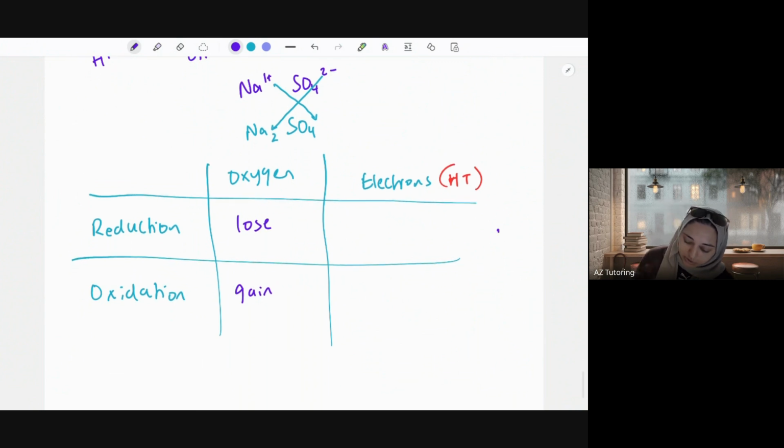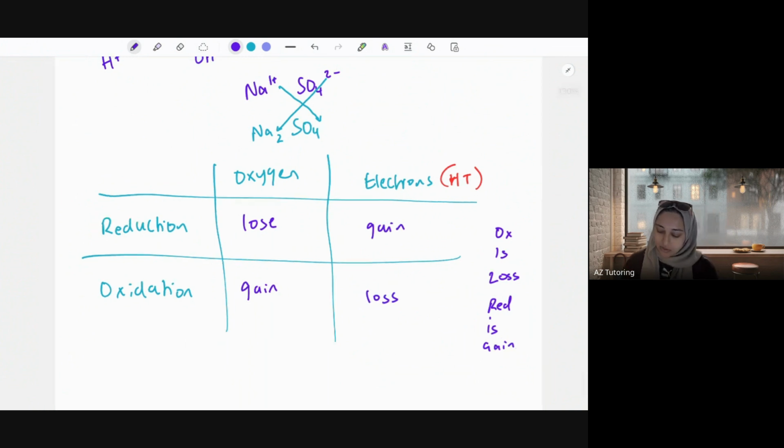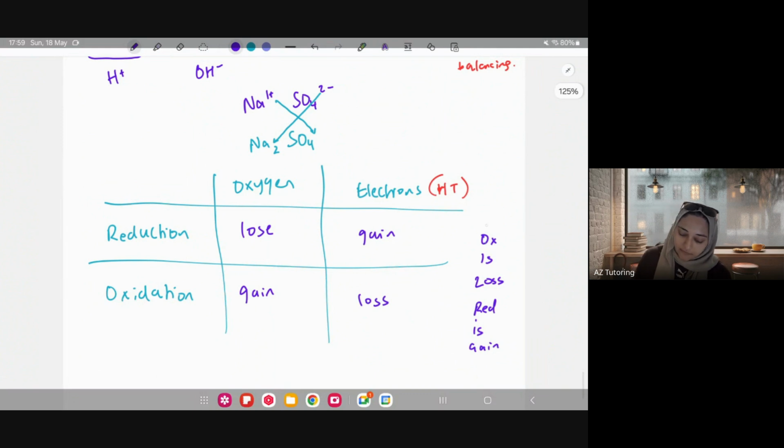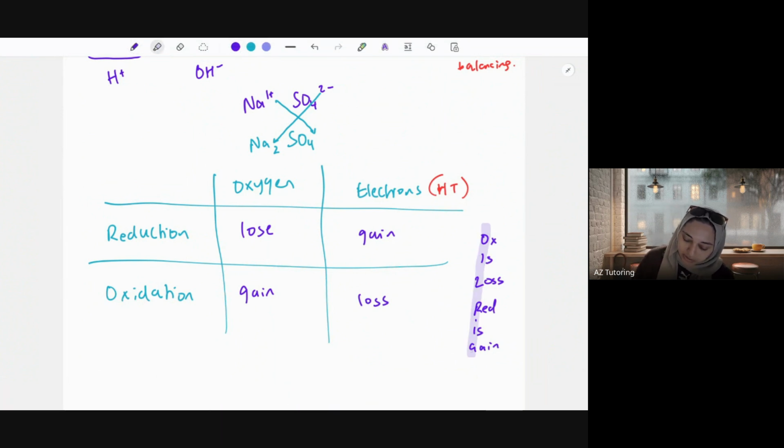So for higher tier students, just remember OIL RIG, where oxidation is loss and reduction is gain. So you can see it's just the opposite way around. A lot of people confuse this mnemonic for the oxygen part. So just remember OIL RIG is just for electrons, so just for higher tier.